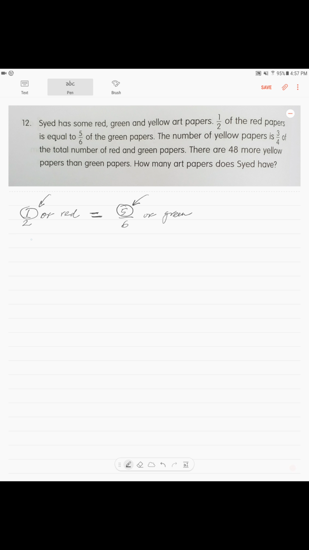So instead of 1, we make it 5. And then we need to change the denominator. 5/10 is the same thing as this fraction. They're totally the same. 5/10 of red is equal to 5/6 of green.